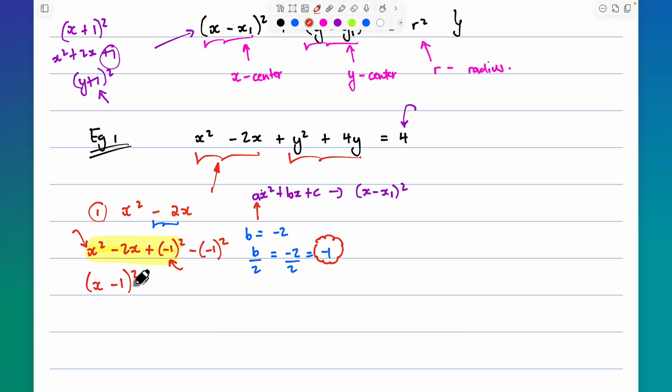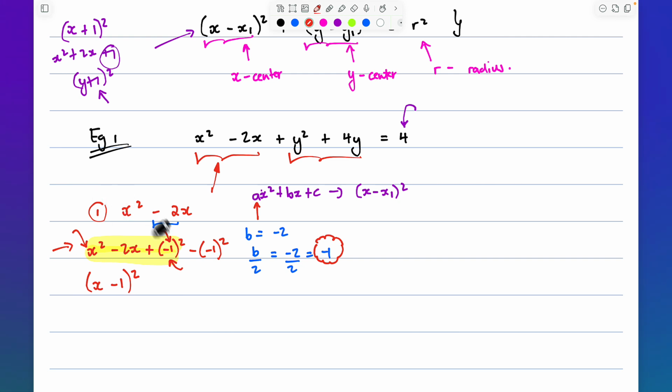You can actually try to expand this bracket and see if it gives you the same answer. But essentially, once we introduce this over here, that means this can now be brought into one bracket. Hopefully that's not too bad. But again, if you have a different method of completing the square, you can go ahead and use that method.